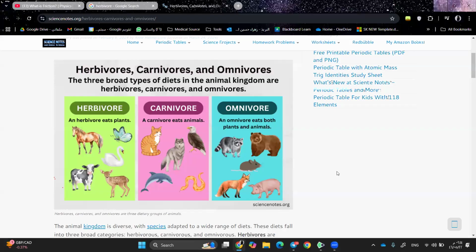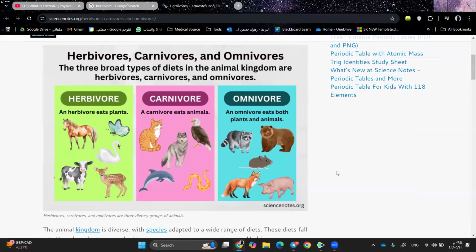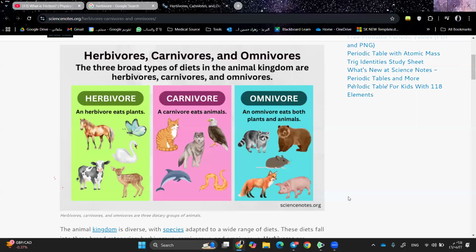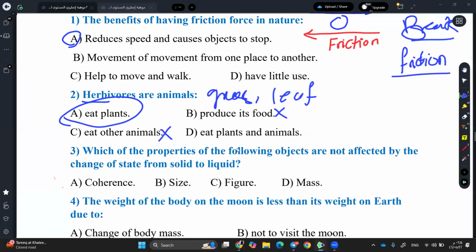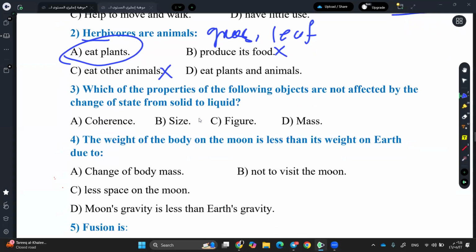So take a screenshot of this picture. Excellent. So herbivores are animals that eat only plants.